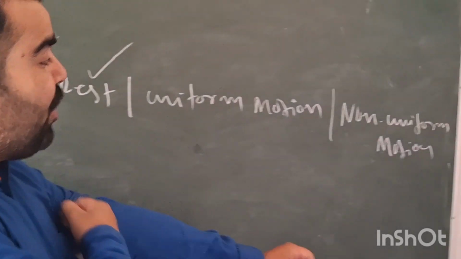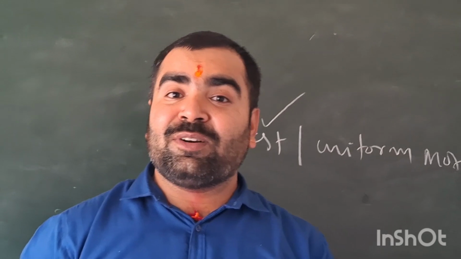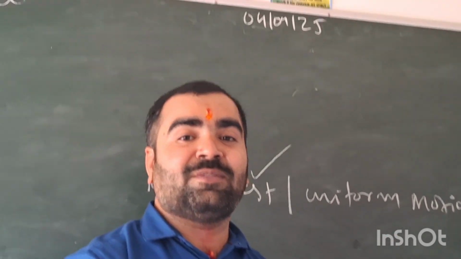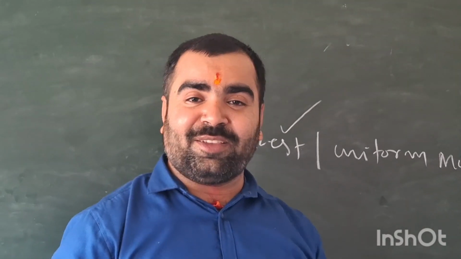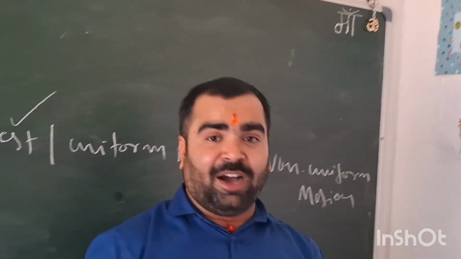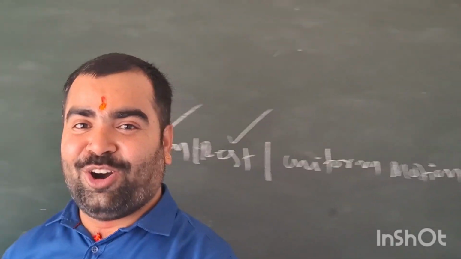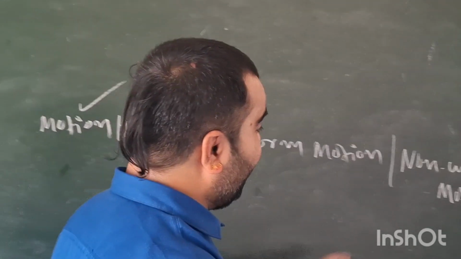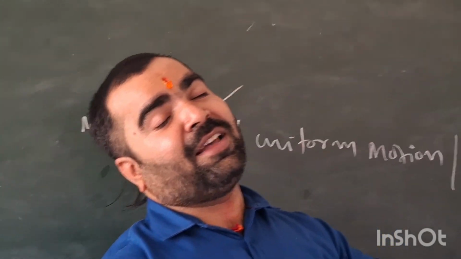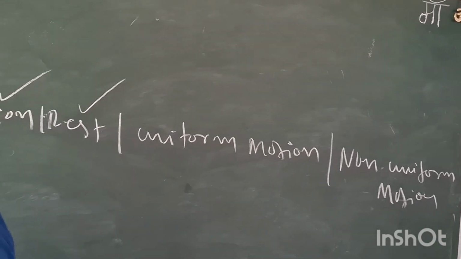Non-uniform motion. If an object travels unequal distance in equal intervals of time, it is called non-uniform motion.